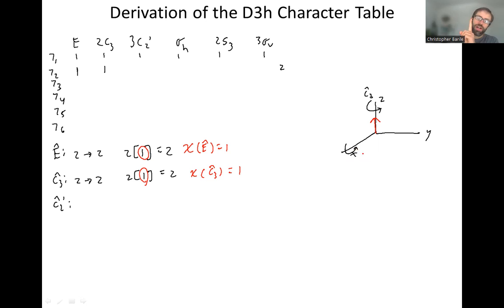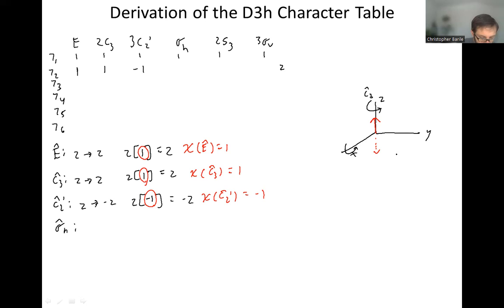So this z vector that's pointing up is going to get spun 180 degrees and go down. So z went to negative z. The 1-by-1 matrix that explains z going to negative z is actually -1, and so the trace of that matrix is -1. So chi, the character of C2 prime, equals -1. And so we can put a -1 up here. Sigma h.